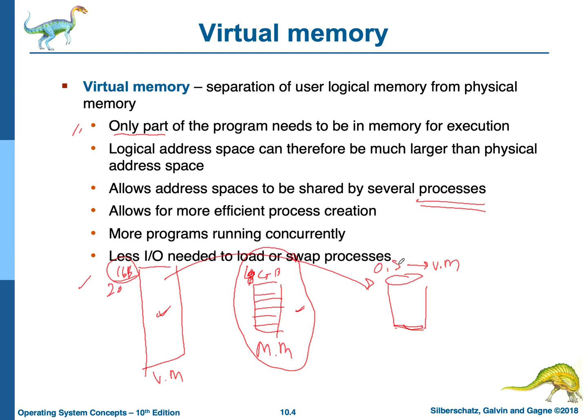It also allows more efficient process creation, more programs running concurrently, and less IO needed to load or swap processes. Because in previous approaches, for example, I'm on this third point and then the last point. If this is the main memory, this is the operating system, and we have a capacity of only 3 pages, and a process P8 has come with 3 pages, this process is accommodated here.